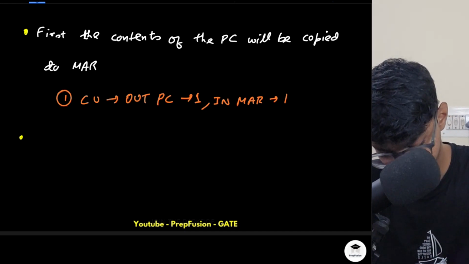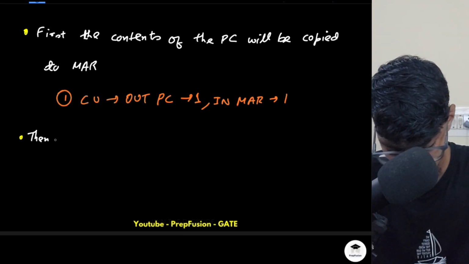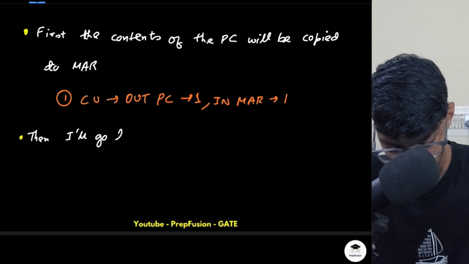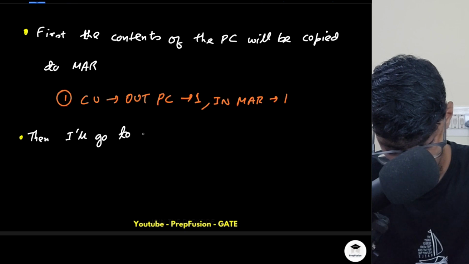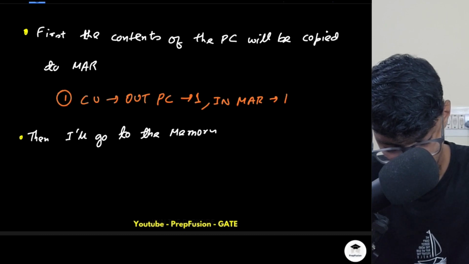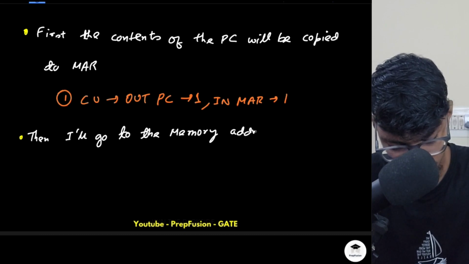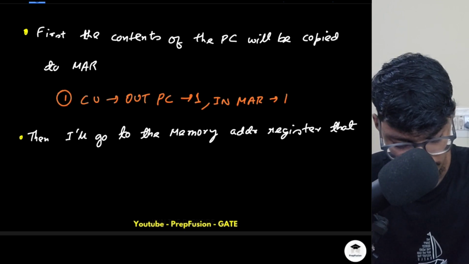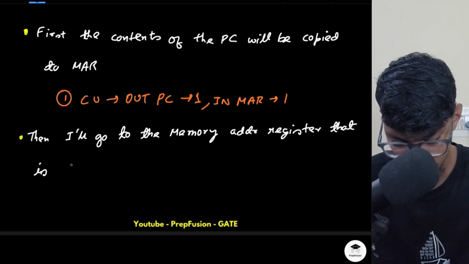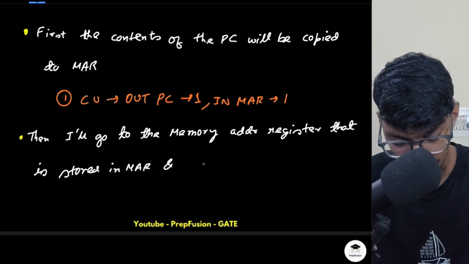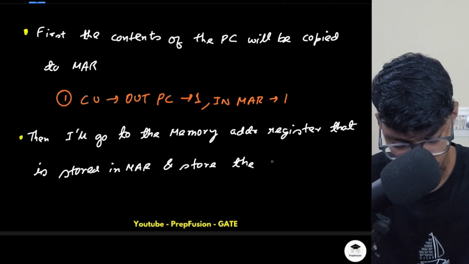So I will go to the address that is stored in MAR and store the contents in IR.